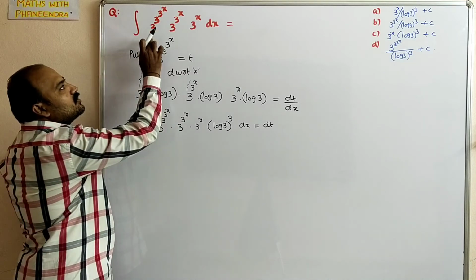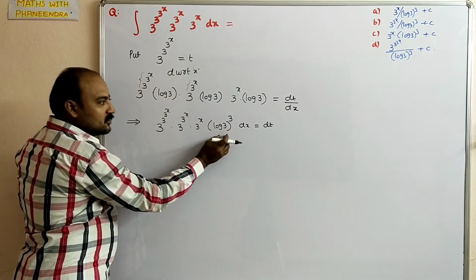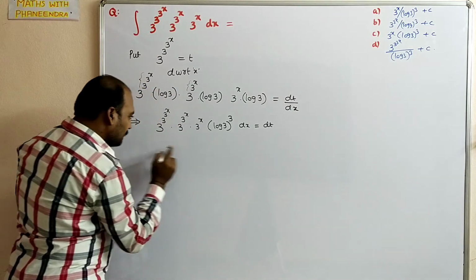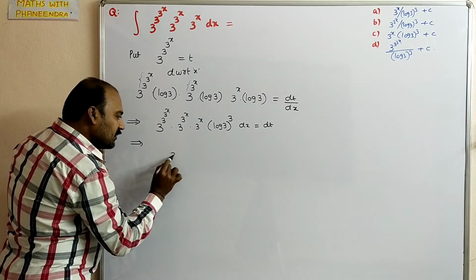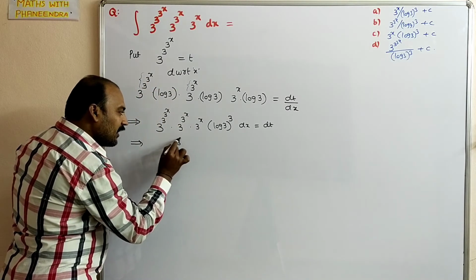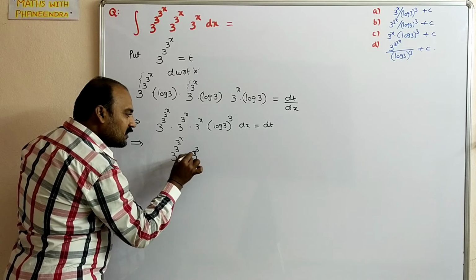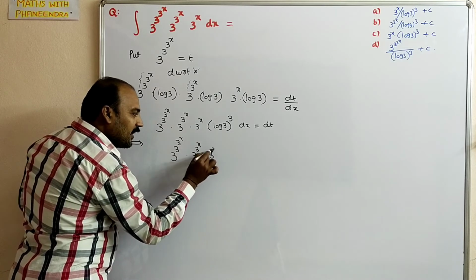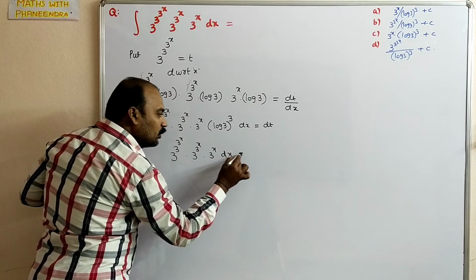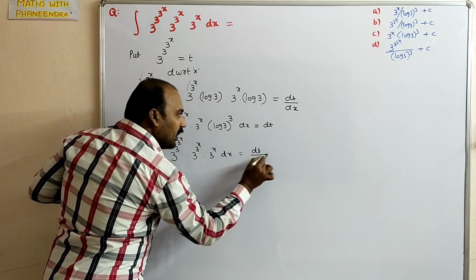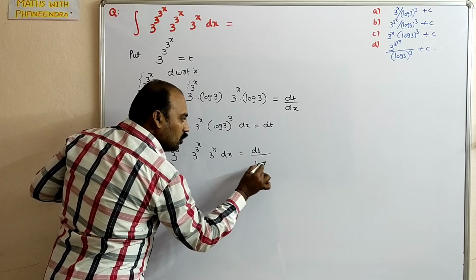But in the given question, this value is not there, so log 3 whole cube we are taking here. 3 power x into 3 power x into 3 power x into dx is equal to dt divided by log 3 whole cube.